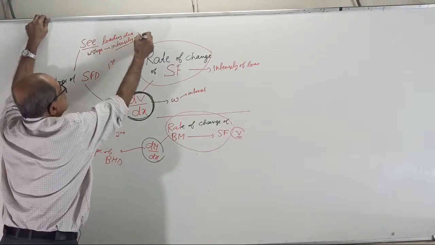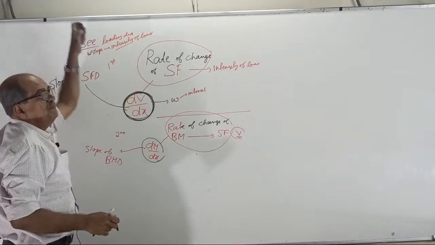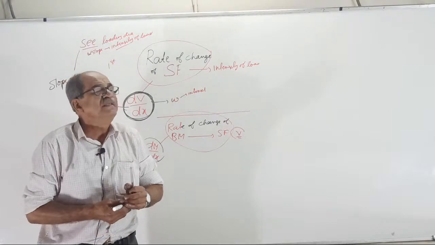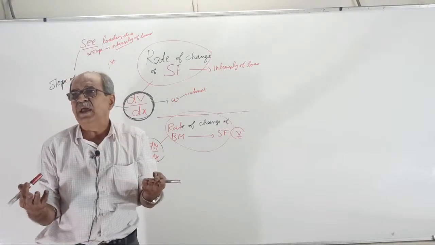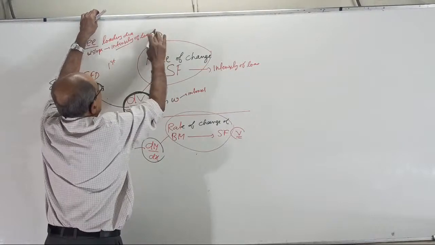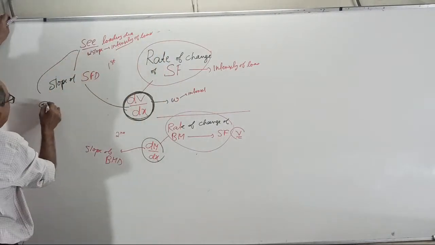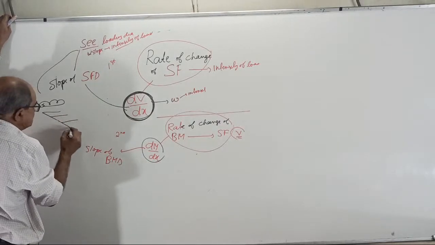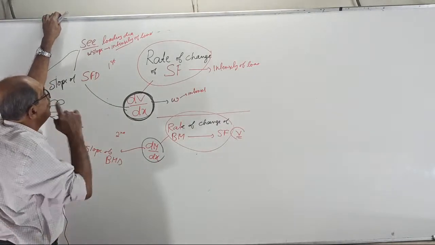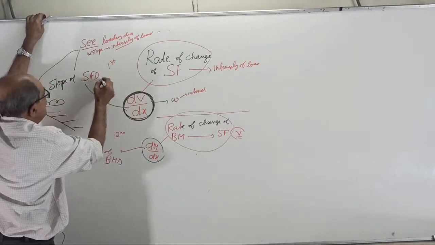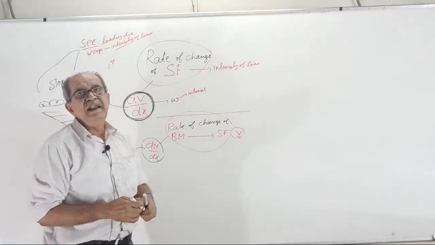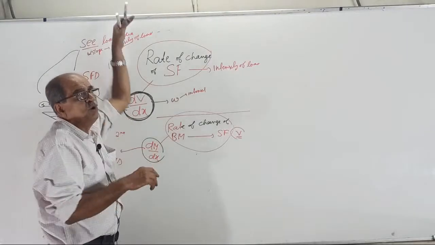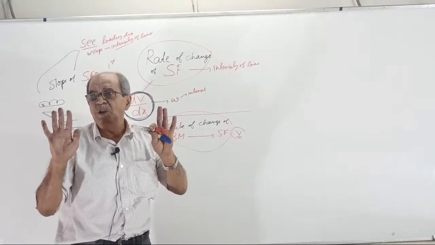Now remember, if it is UDL, the intensity is constant, which means the slope is constant. Why? If it is UDL, it is a straight line, so wherever you mark the slope, the slope is constant. And if it is a uniformly varying load, then intensity varies linearly, therefore the slope also will vary.